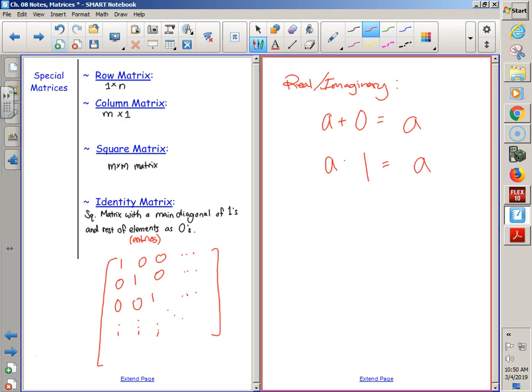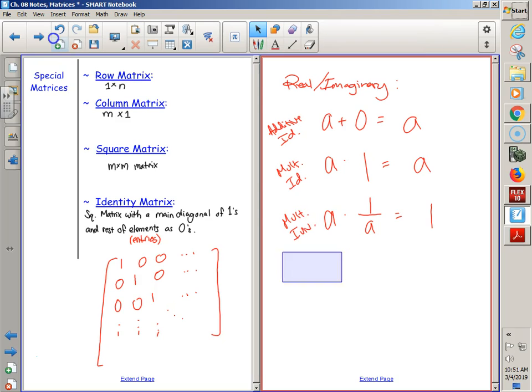We could talk about the multiplicative inverse. There's a multiplicative inverse, a times 1 over a, whatever undoes and gets us down to 1. So there are different times that we've seen identity before. There's the additive identity. There's the multiplicative identity. And then there's the multiplicative inverse, undoing a times by 1 over a.